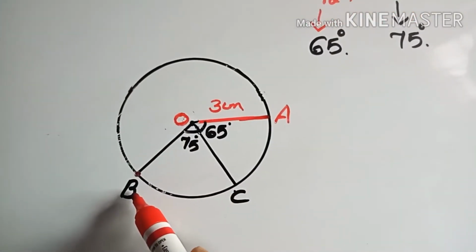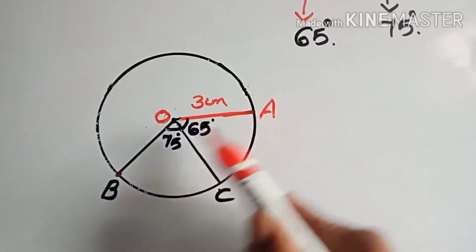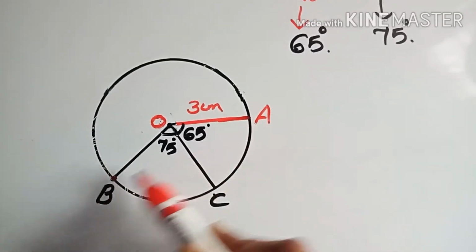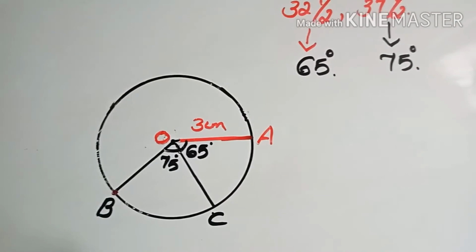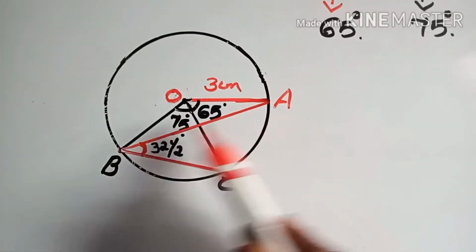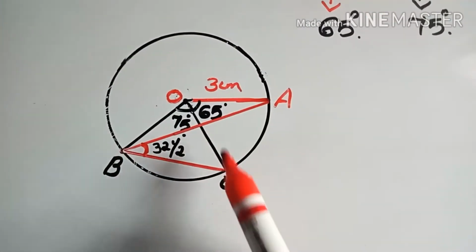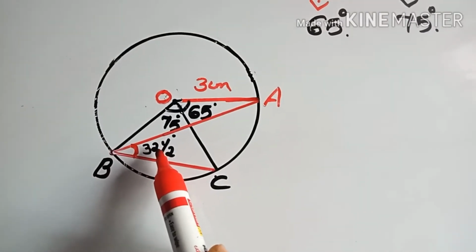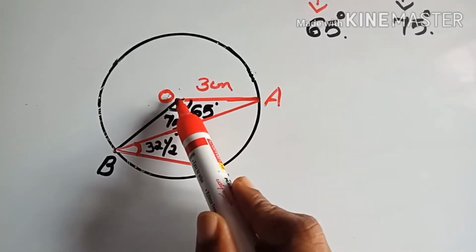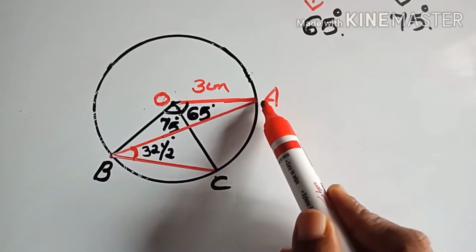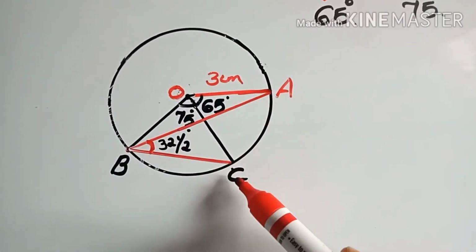I chose point B. So join A, B, C. That angle is 32.5 degrees because its central angle is 65 degrees, starting from the point A, ending at the point C.